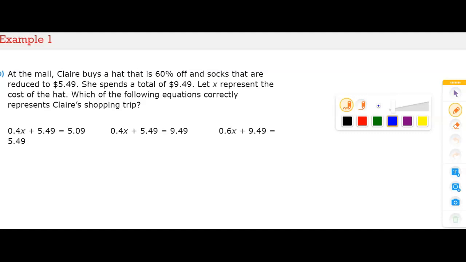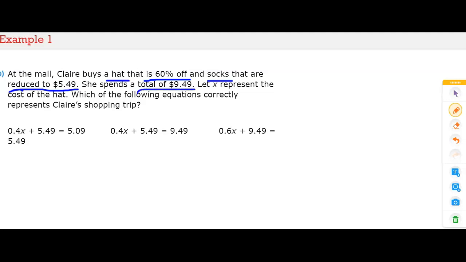Let's identify information. So Claire buys a hat that is 60% off. That's a hat. Socks that are reduced to $5.49. She spends a total of $9.49. X represents the cost of the hat.